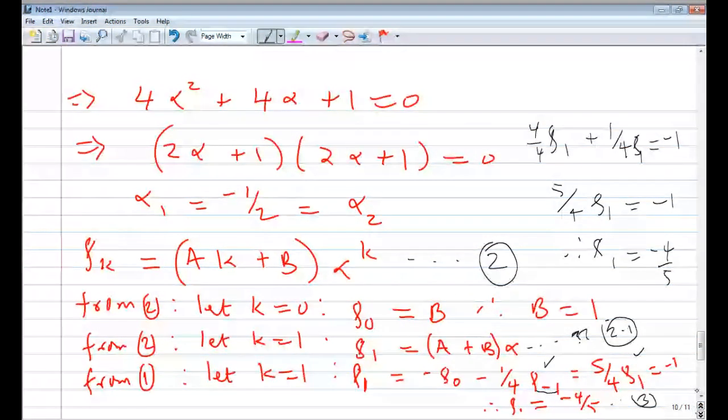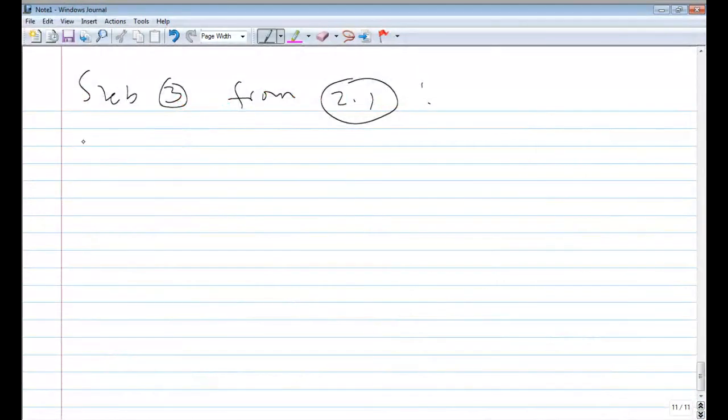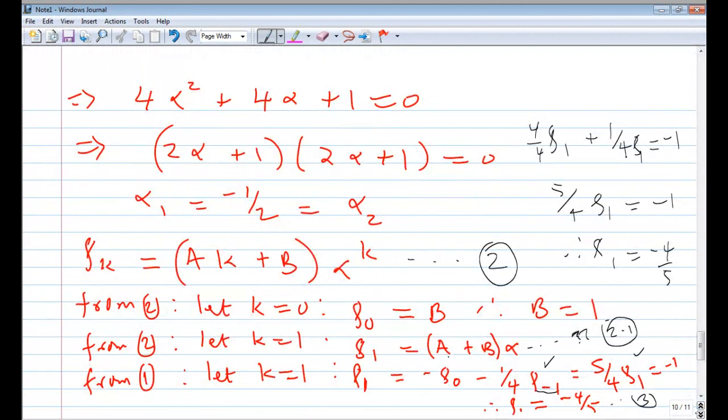Minus 4 over 5. It's equal to what? If you check A, we don't have it here, but B we have. This is the B. Alpha we have is minus what? Half.